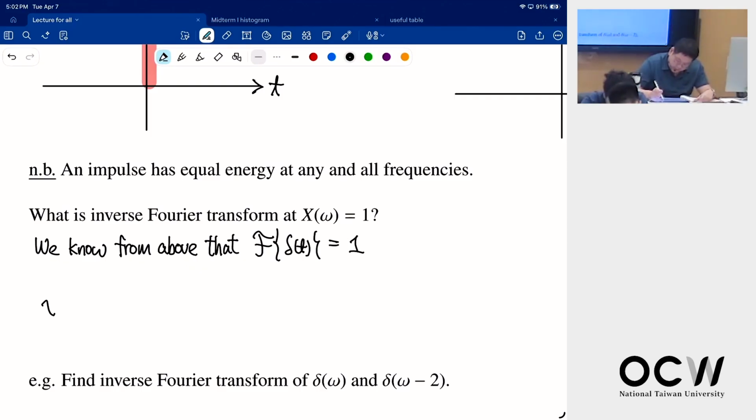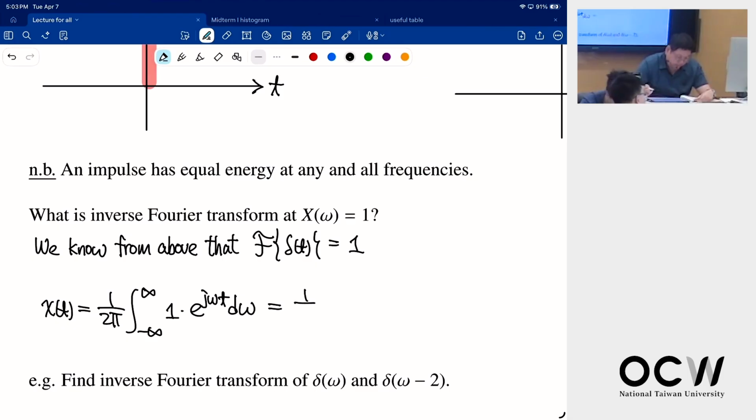However, if I want to find the inverse Fourier transform, here we'll put 1 times e to the j omega t d omega.